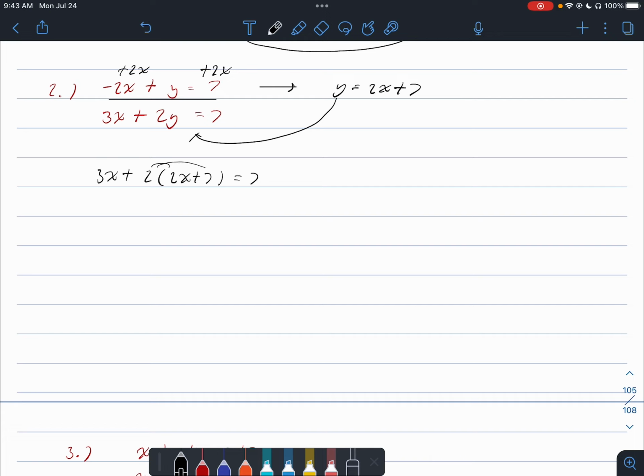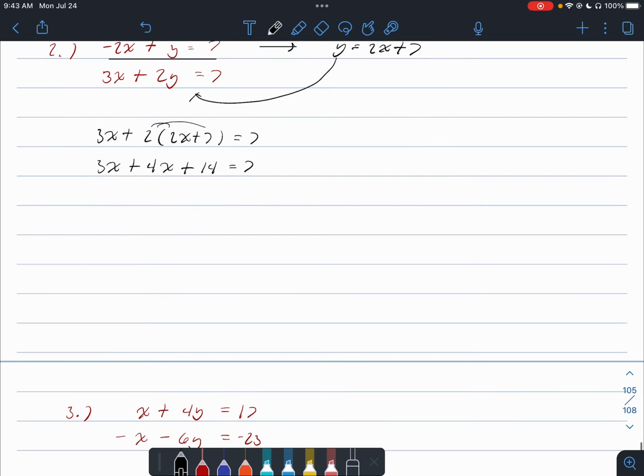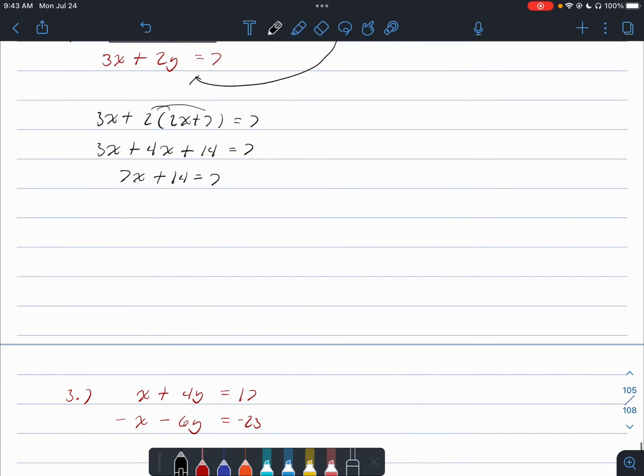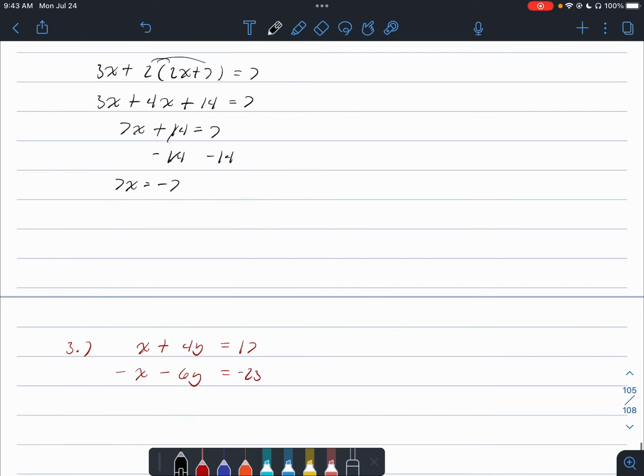So let's distribute this 2, and we'll get 3x plus 4x plus 14 is equal to 7. All right, so if we combine like terms, we'll have 7x plus 14 equals 7. Now we can take 14 away from both sides, and we'll get 7x is equal to negative 7. And if we divide both sides by 7, we'll end up with x equals negative 1.